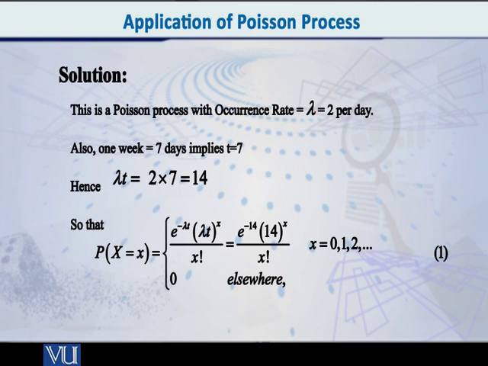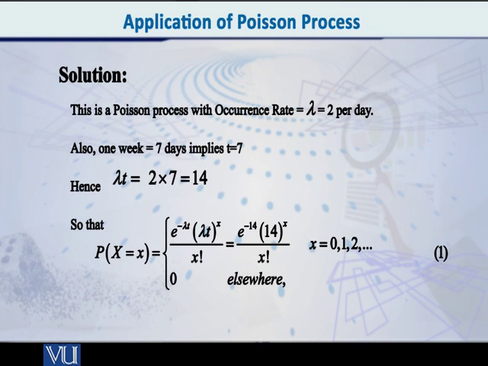So Poisson distribution का formula जो अब हम लगाना चाहते हैं, वो उसका formula क्या बनेगा? The probability of capital X being equal to small x, some particular value, is equal to e raised to minus lambda t into lambda t whole raised to x over x factorial. अब अभी मैंने थोड़ी देर पहले कहा कि lambda t is equal to 2 into 7 is equal to 14.